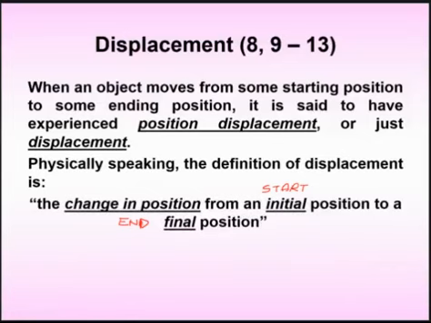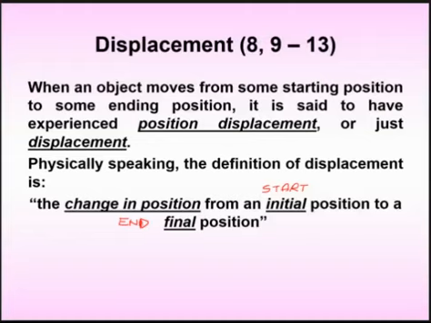The definition of displacement is the change in position from, now you have to get used to this word. It's not really super new, but it might be new to some of you. We don't usually say starting anymore. We say initial. Get used to the word initial in science and math. Initial, like initiate, means the beginning of something. So from an initial position to the final, which is basically the ending position.